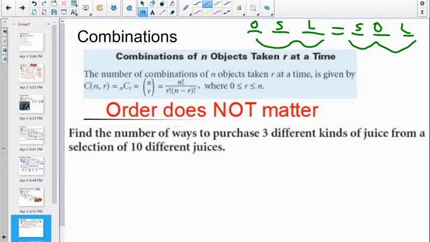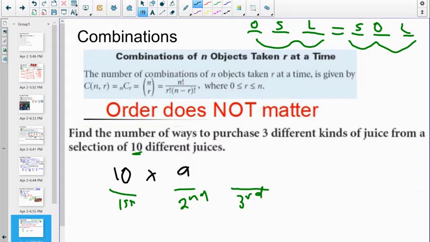Okay, so now that we know order doesn't matter, we can draw our little slots. So we have 3 different juices being selected. Now we have 10 juices to pick from. So first, second, third. Remember, going back to permutations, we have 10 to start out with, 1 less is 9, and then 1 less than that is 8. And that's 720.